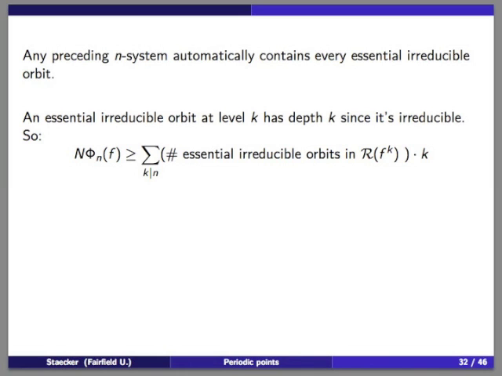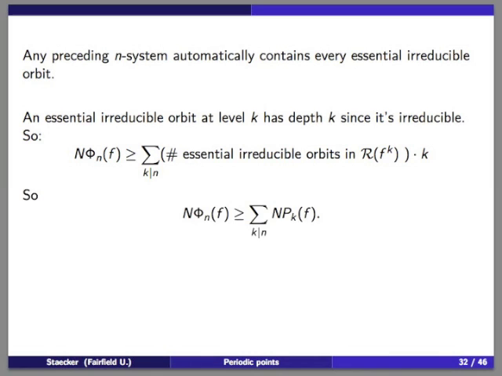And so the number of things in the preceding system, it must include at least all of the essential irreducible orbits. All right? And if you want to compute the Nielsen number n phi n using that, you should multiply each time by the depth. And so that's why I have multiplication by k there. The number of essential irreducible orbits in R f to the k times k.